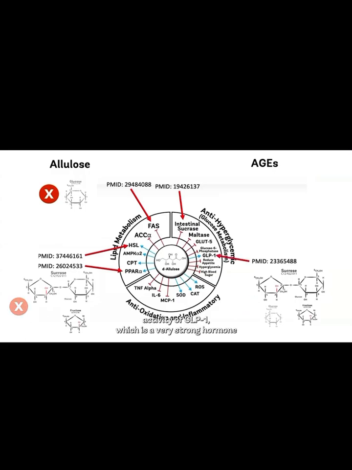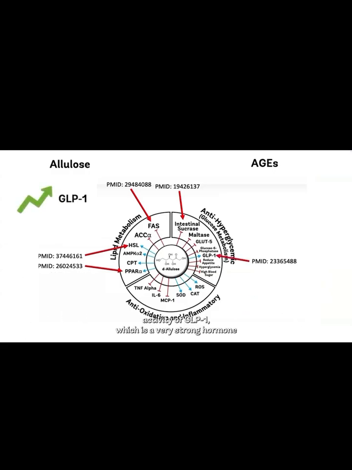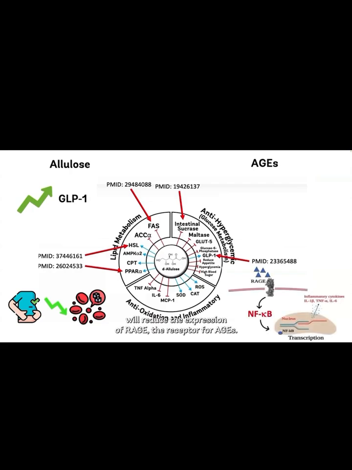Allulose increases the activity of GLP-1, which is a very strong hormone that decreases appetite and lowers blood sugar levels. GLP-1, interestingly, will reduce the expression of RAGE, the receptor for AGEs. Therefore, it indirectly reduces age-related pathologies like inflammation and oxidative stress.